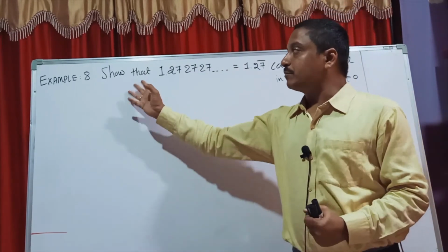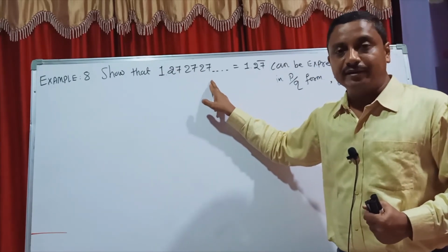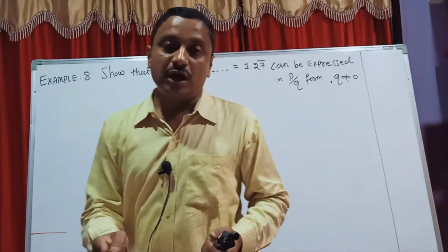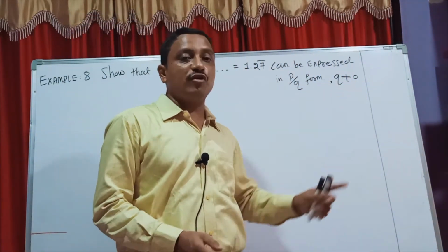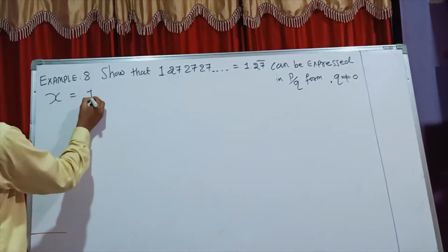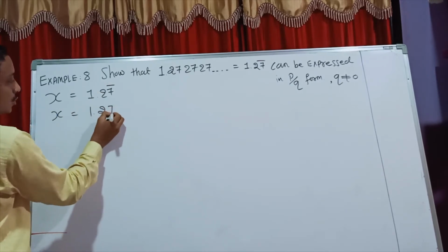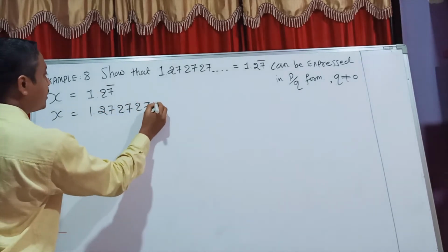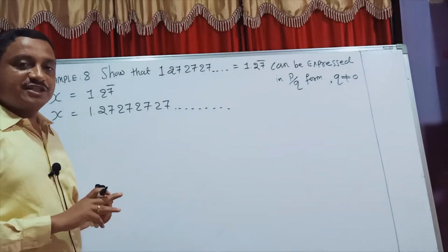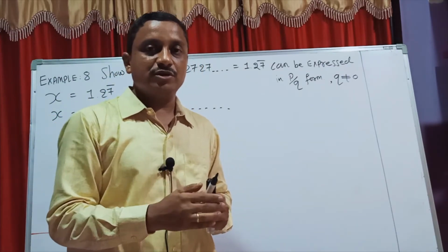One more numerical, students. Example 8. Show that 1.27272727, meaning 1.27 bar, which is repeated, converting it again into p by q form. So I start with the question x equals 1.27 bar, repeated 27, 27, 27. Students, check here: the digits repeat in 2 places.